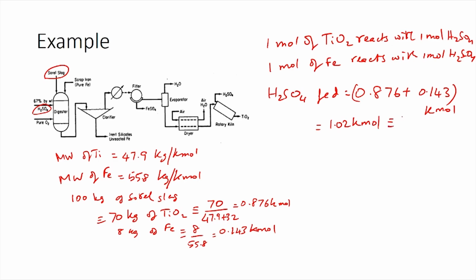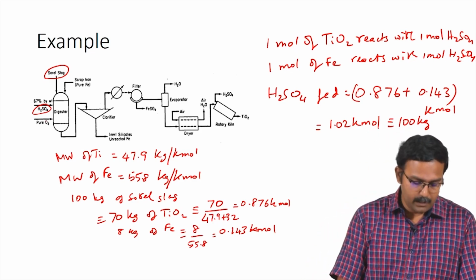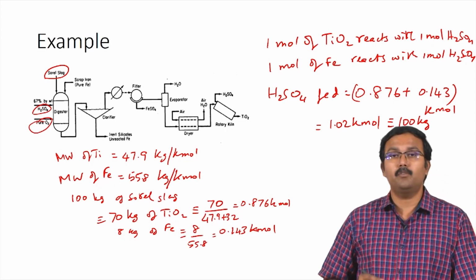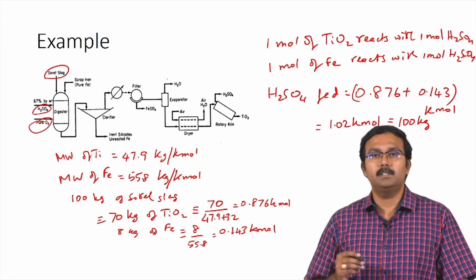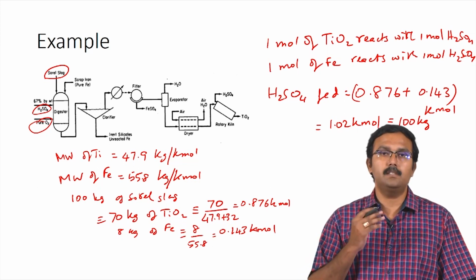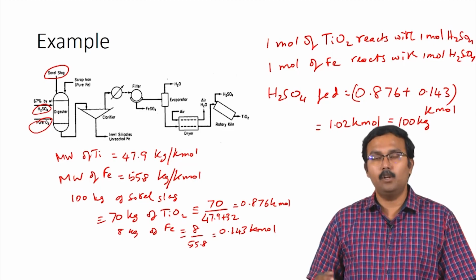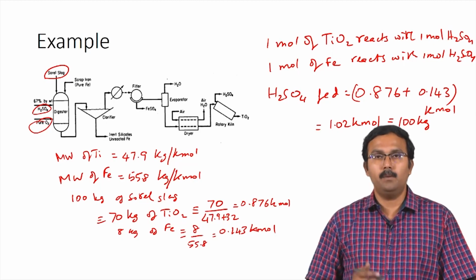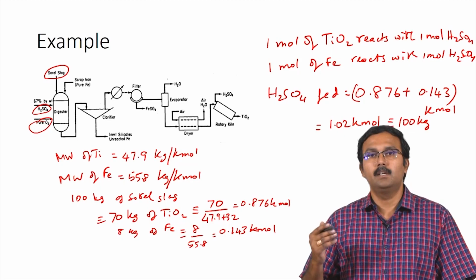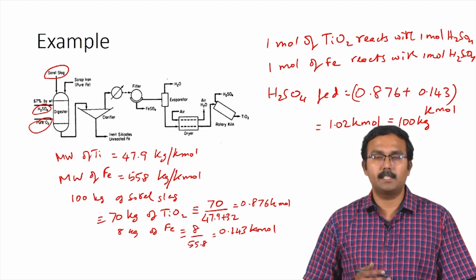We also know that pure oxygen is fed. So, we need to calculate how much pure oxygen is fed. Pure oxygen is fed at the theoretical requirement of iron, which is fed through the Sorrel slag. So, we know that 0.143 kilomoles of iron is fed, and 1 mole of iron reacts with half a mole of oxygen based on the stoichiometry of the reaction given.